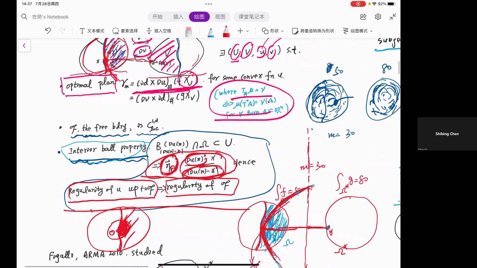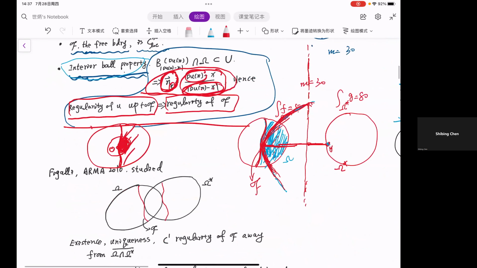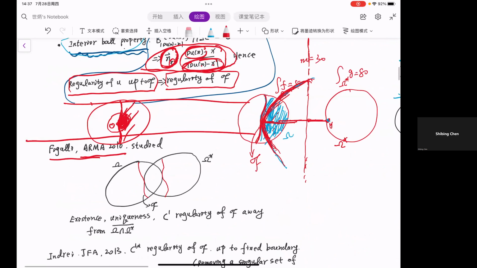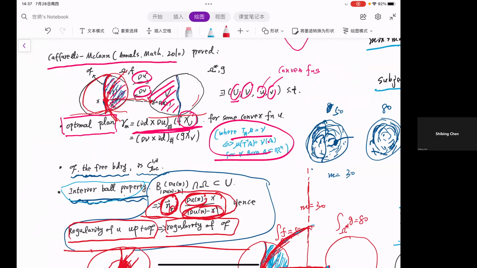Then, in another early paper, by Figalli, the publication time should be similar. I think Caffarelli and McCann's paper was accepted around 2007 maybe.